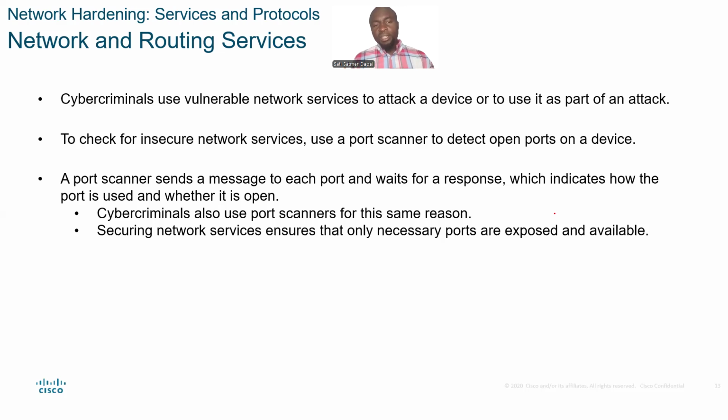So for instance, if my system wants to browse the internet, my system will browse the internet on port 80. Port 80 is the port that has been designated for web traffic services, as the server. So the destination port will now be port 80, but the source port will be a randomly generated number.